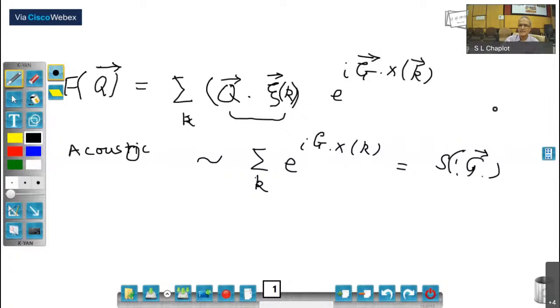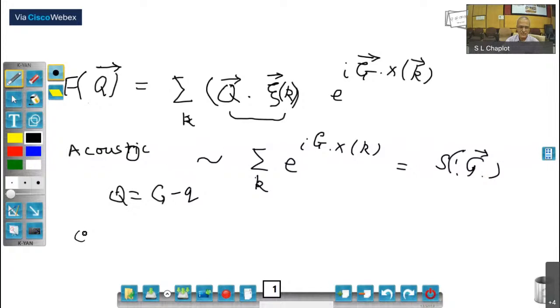Okay. Yeah. And we said Q is equal to G minus q. So for acoustic modes, the one phonon structure factor and the Bragg structure factor tend to be very similar. Okay, these are general thumb rules.